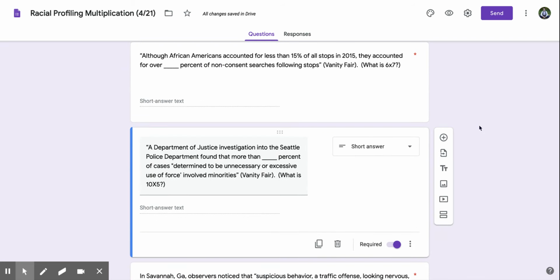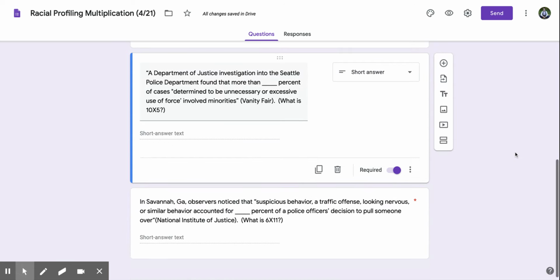Next, we have: although African Americans accounted for less than 15% of all stops in 2015, they accounted for over blank percent of non-consent searches following stops. And that is a statistic obtained from Vanity Fair. And that math equation is what is 6 times 7? And not finally, we have 2 more.